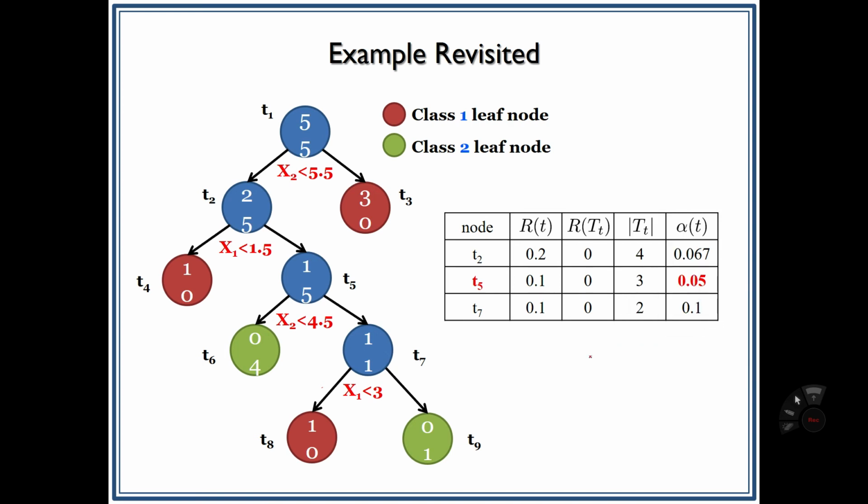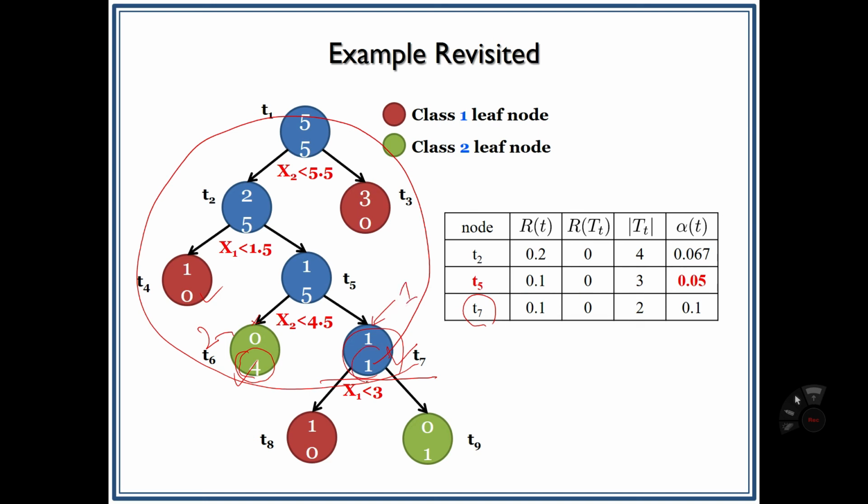Okay, then let's take a look at the values. Let's take a look at this one first. If we cut off this part, then RT is the misclassification rate by this part, right? There's no misclassification here, but there's one misclassification at this node. Because there are 4 class 2 objects at this node, this class label is class 2, then naturally the class label of this node becomes class 1.